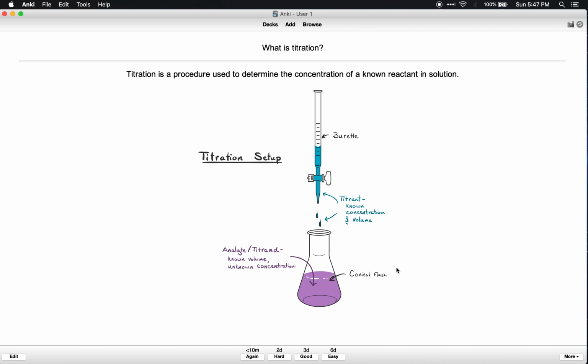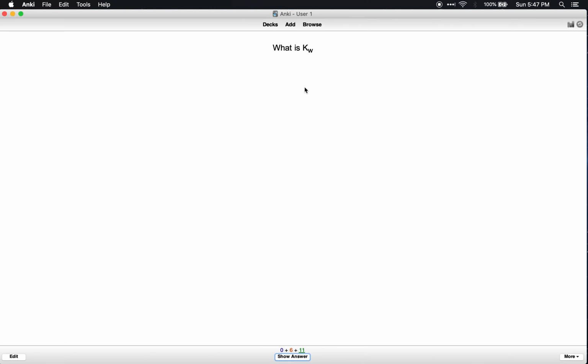Titration is a procedure used to determine the concentration of an unknown reactant in a solution.